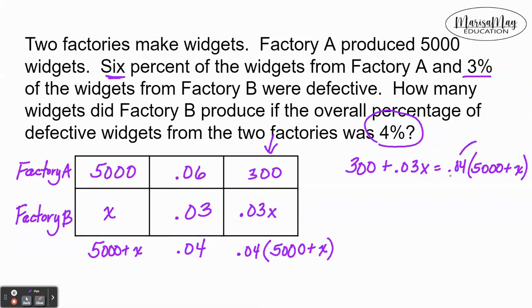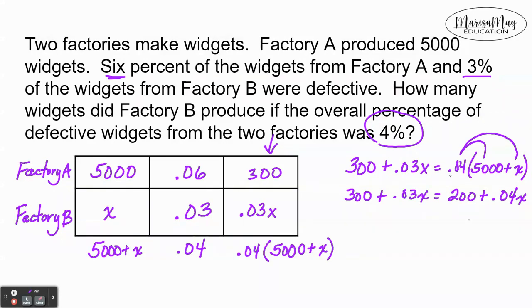Now let's distribute the 0.04. So 0.04 times 5,000 gives me 200, and 0.04 times x gives me 0.04x. This left side, we haven't changed at all yet.